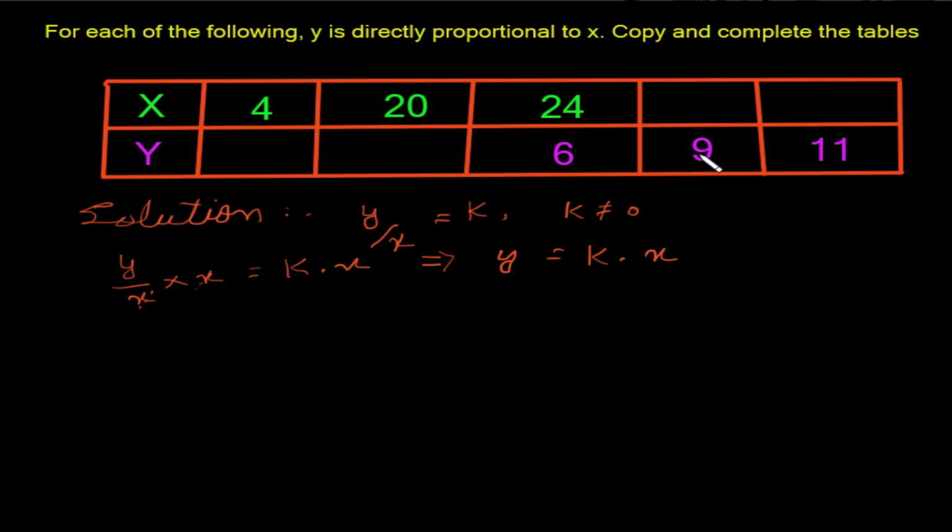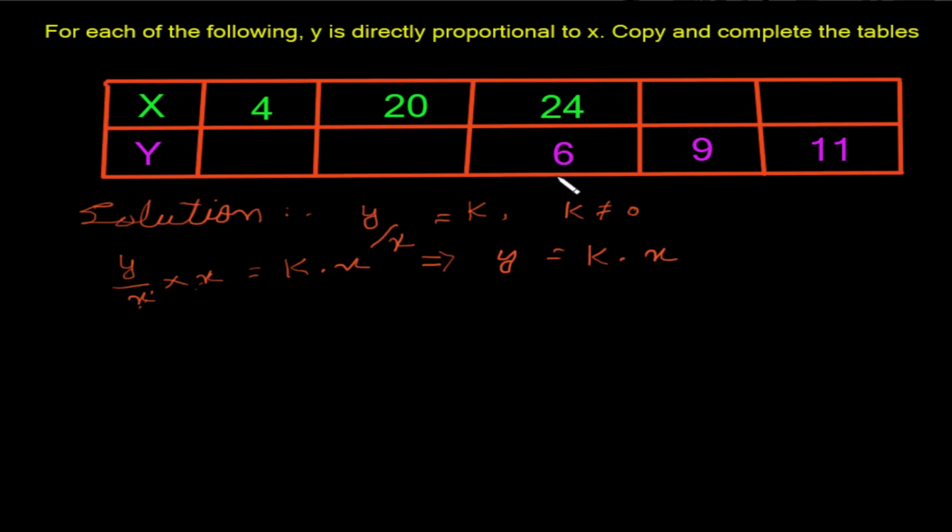And here we have only values for y, and we don't have values for x. So we would need a column where x and y both have the values, so that we can use that information to find out the value of this k. So this is the required column.